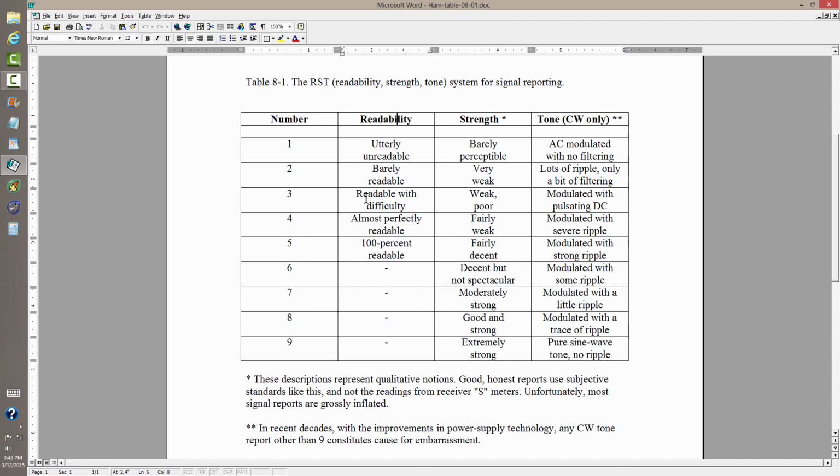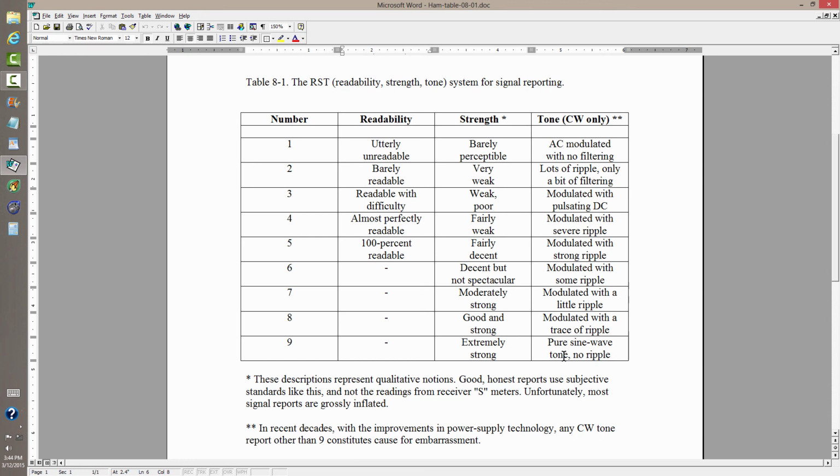If you're having trouble reading their signal, tell them 3, 5. Well, I hope it's a 9, but maybe it's not. Barely readable. You could still have bad conditions like a lot of man-made noise, human-made noise, or static, and have a 289 signal report, for example.